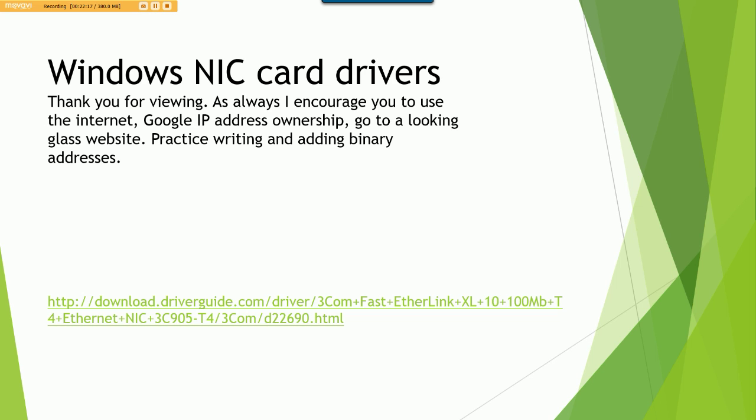Practice that, because if you're going to be in the IT field, or you're trying to get jobs in IT, the questions about IP addresses will come up, and the better that you understand them, the better you'll be able to answer those questions.